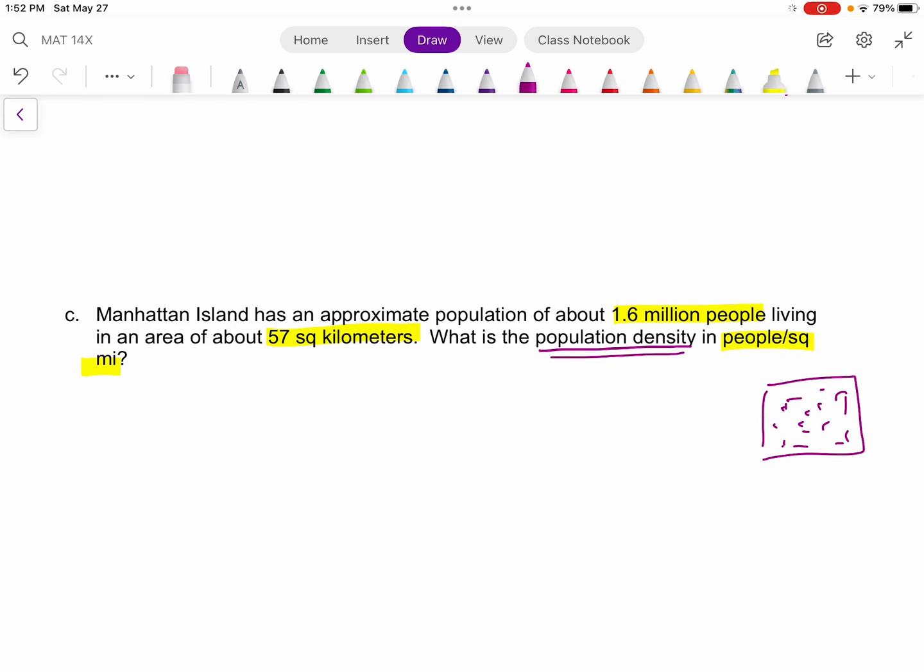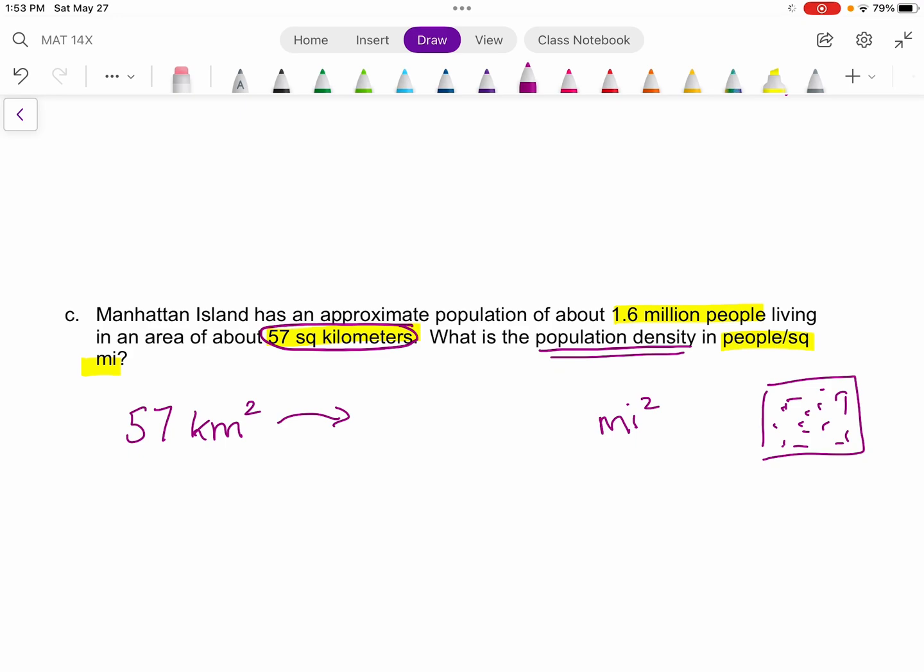Well, in this case, we're given a measure not in miles, but in kilometers. So I'm going to treat this just like we treated our last unit conversion problem, in which we started with a conversion of that unit. So I want to take that 57 square kilometers, and I need to turn it into square miles. I'm going to scoot that back a little bit and put it into my unit converter.